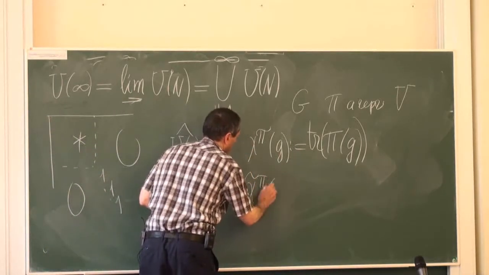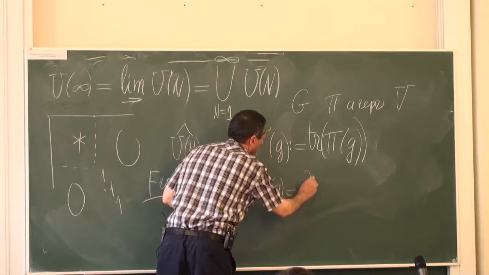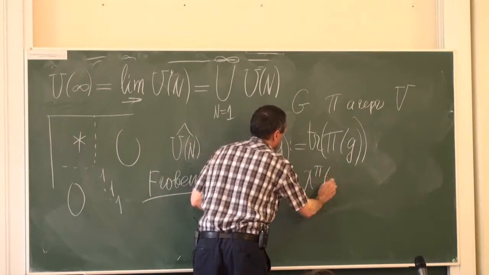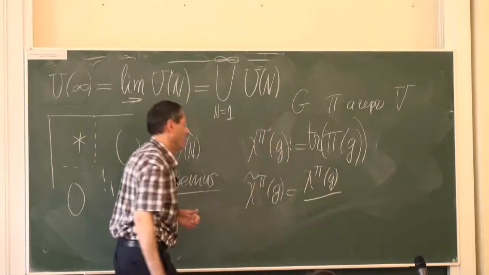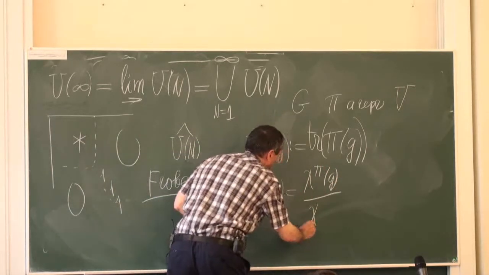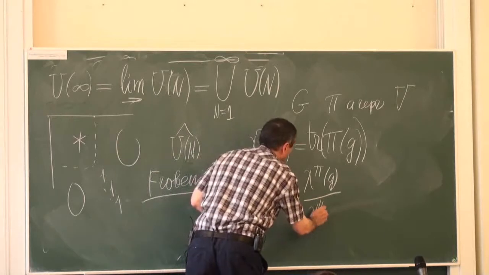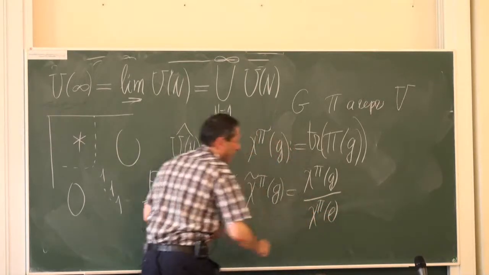Let's consider normalized characters. Normalized character means that we take the character and divide it by the value at the unity element, which is the dimension.